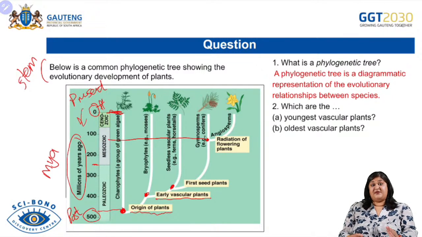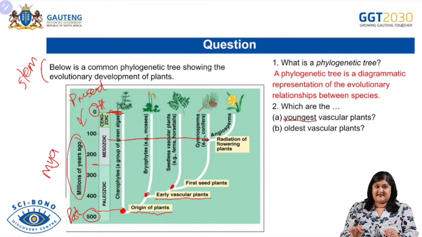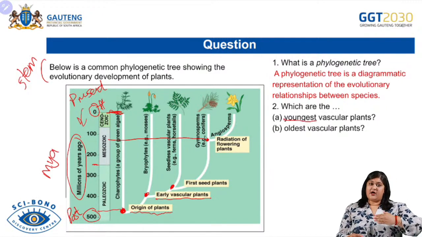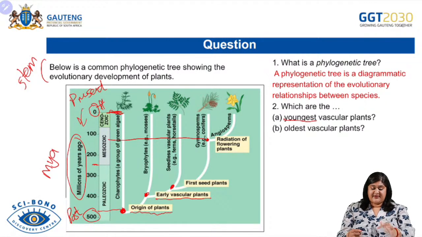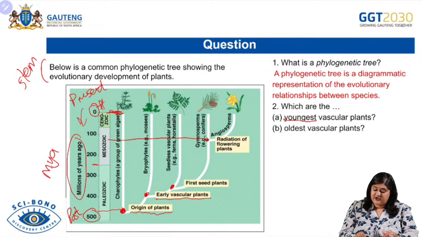Now they're asking you specific questions. Which are the youngest vascular plants? Okay, now remember the key word here is youngest. So if we are asking for something that's the youngest, it would be closer to the present. So the present is here at 0. And which one, let's go down to the vascular plants.